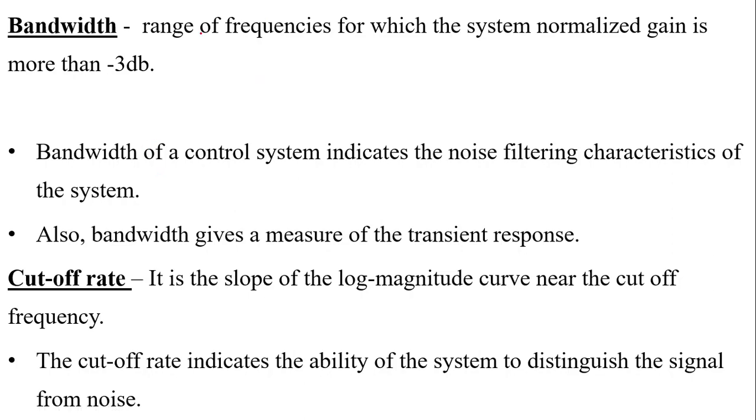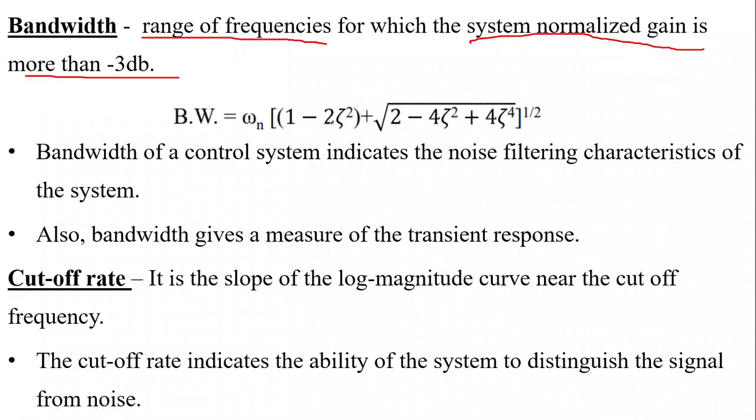The next frequency domain specification is bandwidth. Bandwidth is the range of frequencies for which the system's normalized gain is more than minus 3 dB. The formula to find bandwidth is bandwidth equal to omega n into the square root of 1 minus 2 zeta square plus square root of 2 minus 4 zeta square plus 4 zeta power 4.